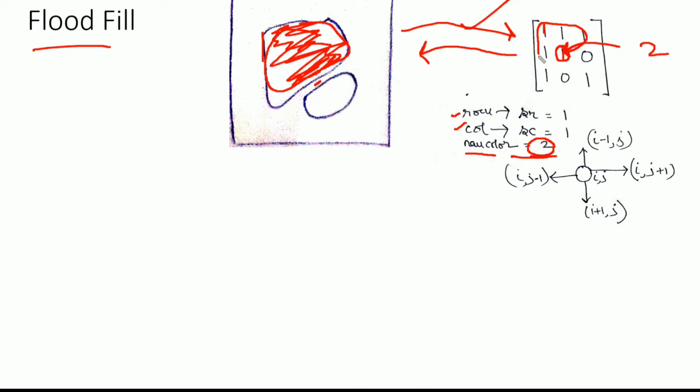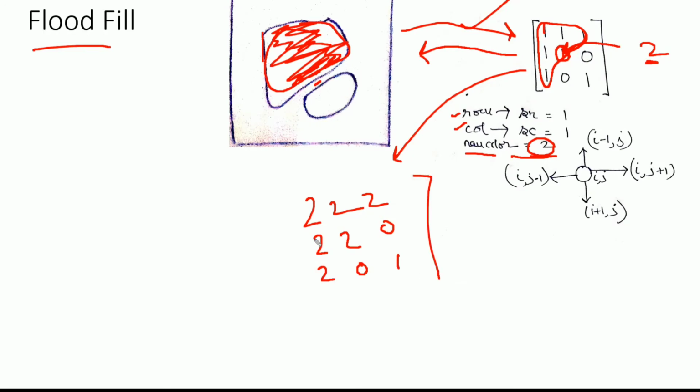This one, this all being filled by the new color. So the output matrix, if we see, we will get 2 2 2 2 2 0 0 1 and 2. Okay, so this will be our output matrix.